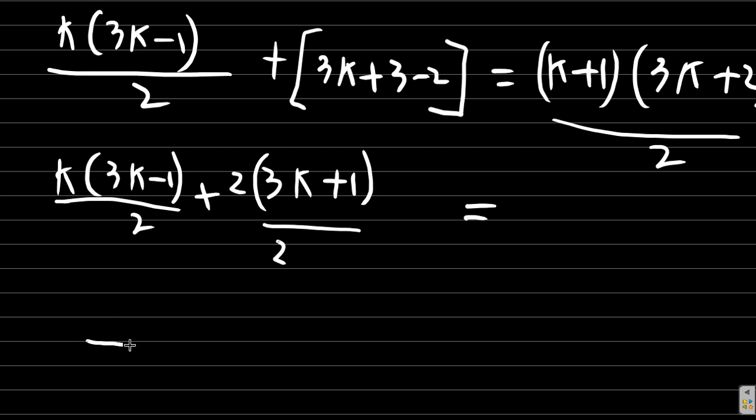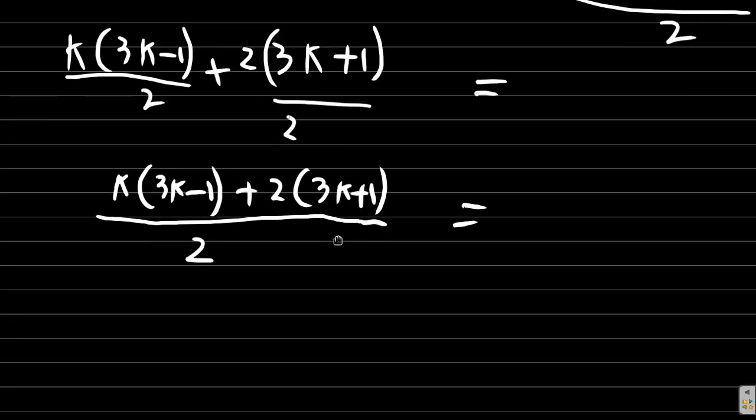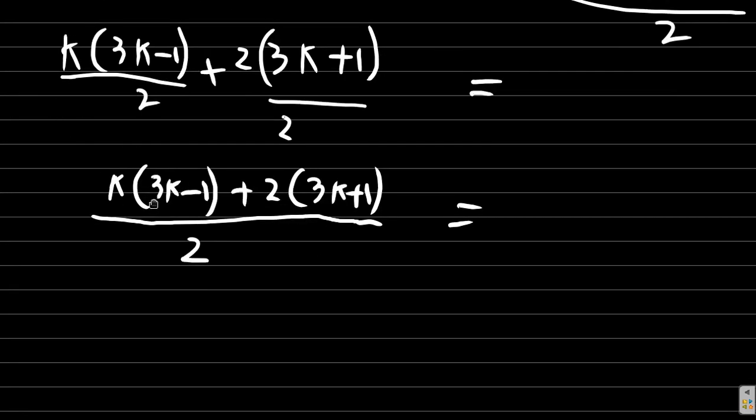Now when you have something over 2 plus something else over 2, just add the two things at the top and put it over 2 once. They have k, 3k minus 1 plus 2, 3k plus 1. You remember your fractions, right? When you deal with the fractions, you have to remember that, you know. Alright.